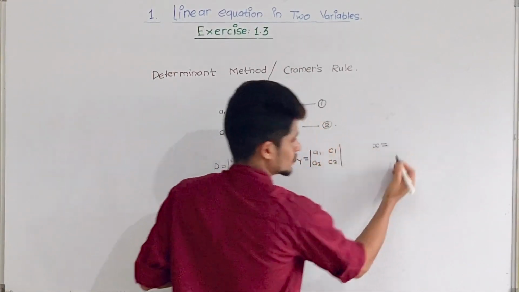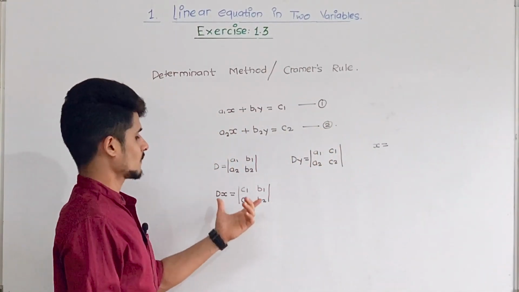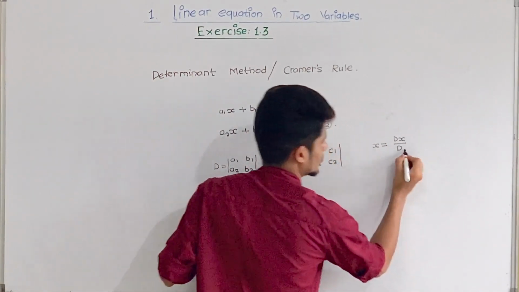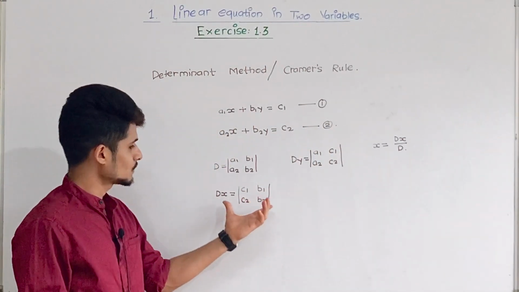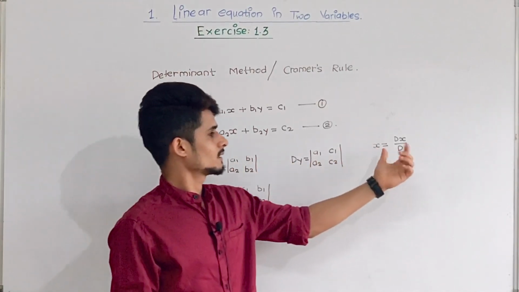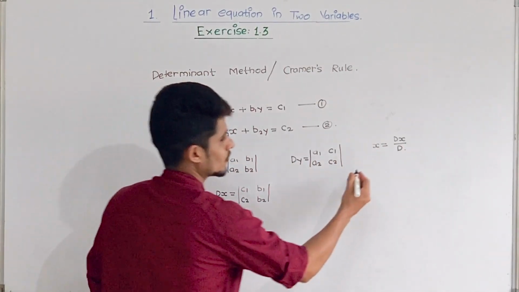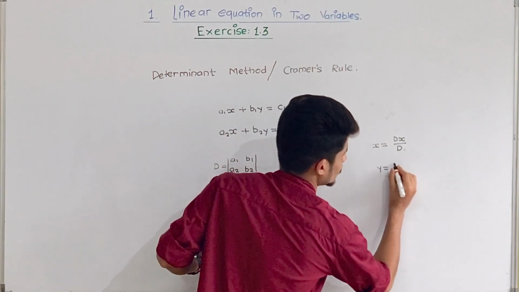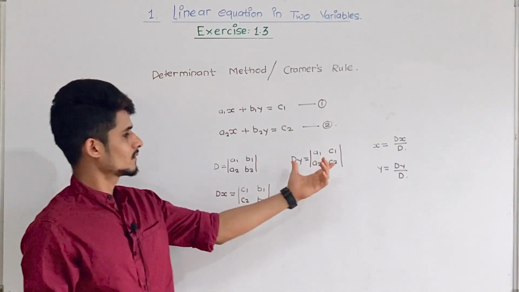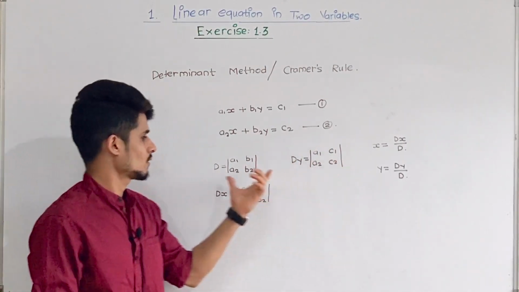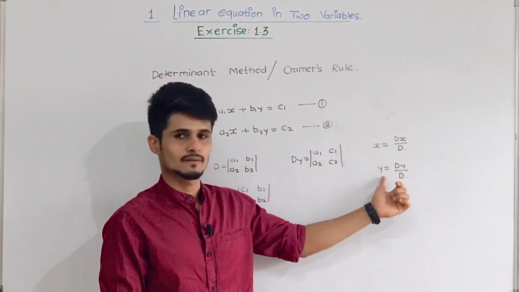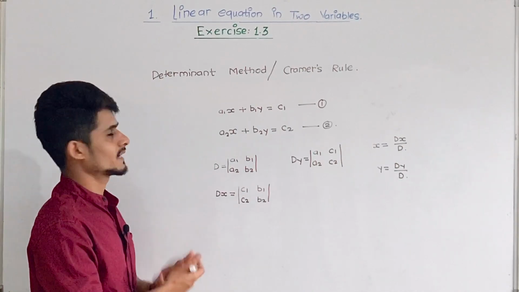So x is equal to the value of the determinant of x upon the value of the determinant. Similarly, y is equal to the determinant of y upon the determinant. This is how to find the values of x and y. Now we'll see the examples.